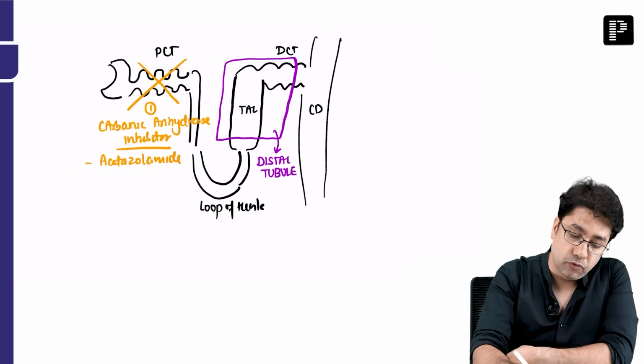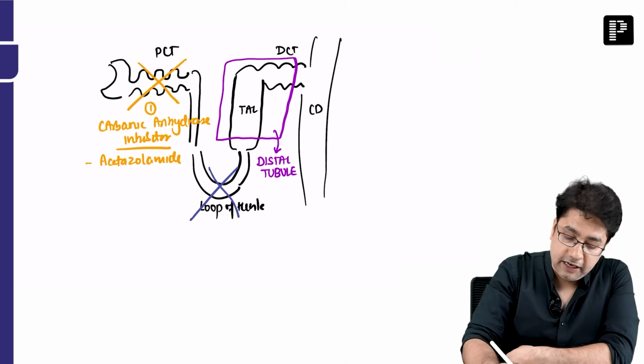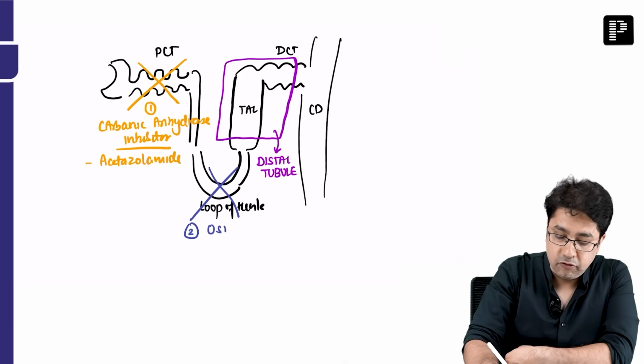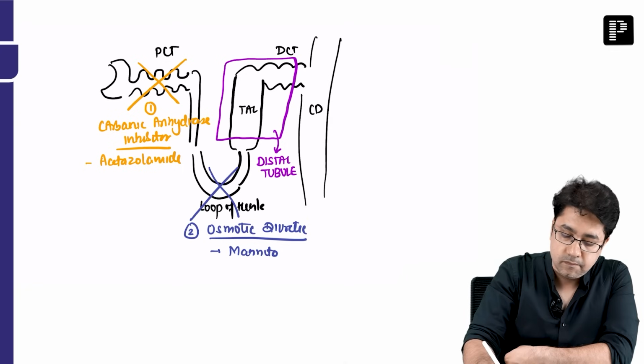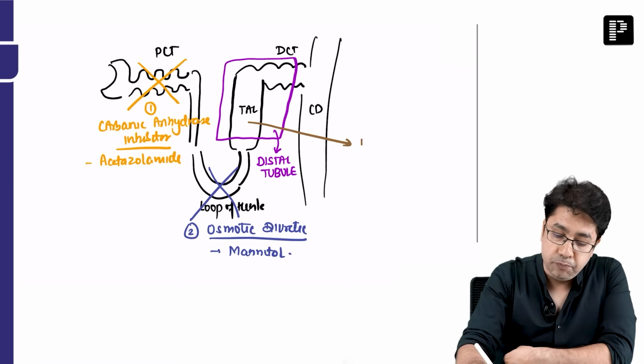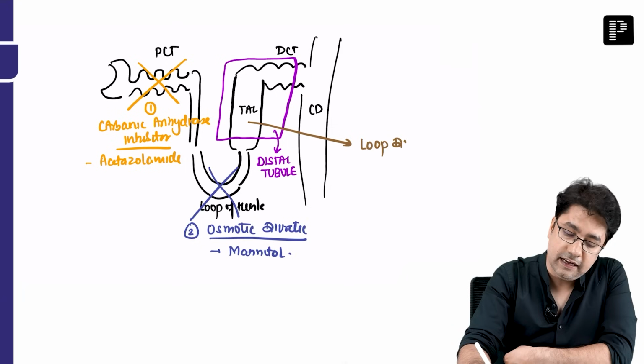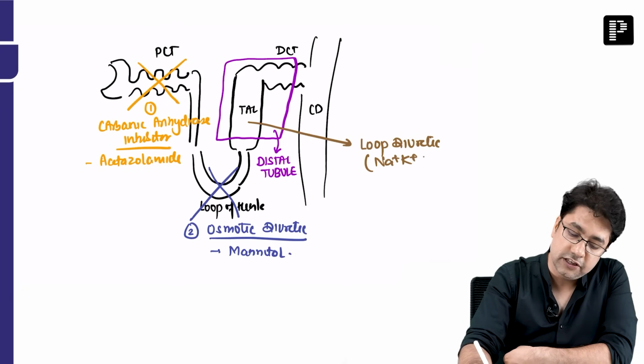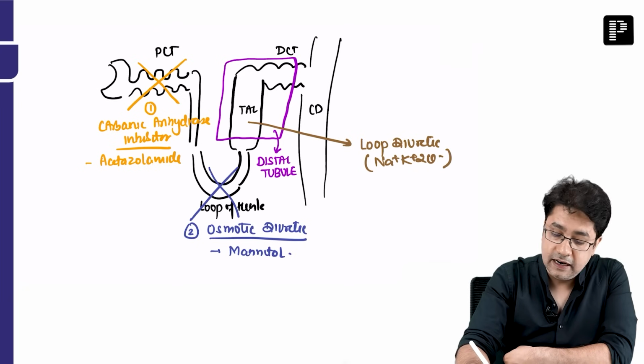Then we have osmotic diuretics. Osmotic diuretics act at the level of loop of Henle, and a classical example is mannitol. Now, in the thick ascending limb, loop diuretics act. They inhibit a specific transporter known as sodium potassium 2 chloride transporter, and the classical example is furosemide.